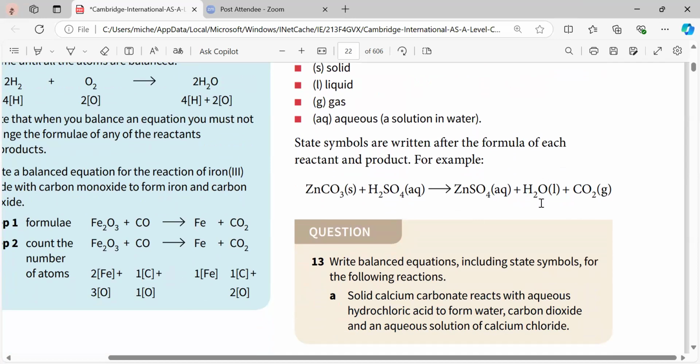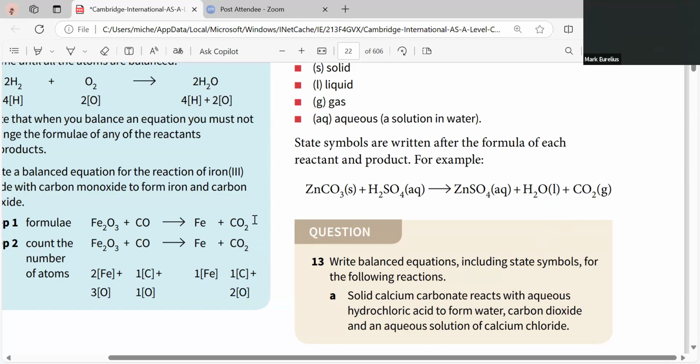But as for water right here, it is not a solution. As you can see, H2O. That's why it stands for liquid. Most reactions that you will encounter in high school are aqueous, rarely liquid. So liquid is the pure form and aqueous is the solution form. I hope that answers your question.